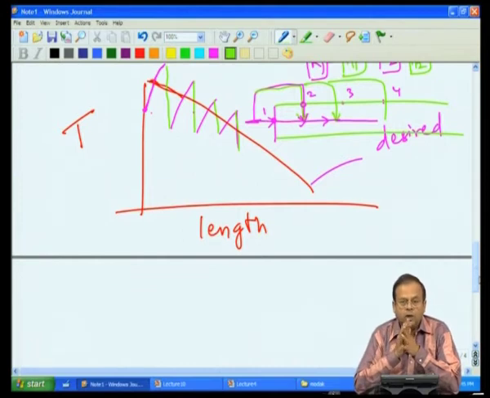Now, if you look at what we want: high temperature at the beginning of the reactor and cooler temperatures as the reactants pass through the reactor. Again I will repeat, it is an exothermic reaction for which I want high temperature at the beginning of the reactor.